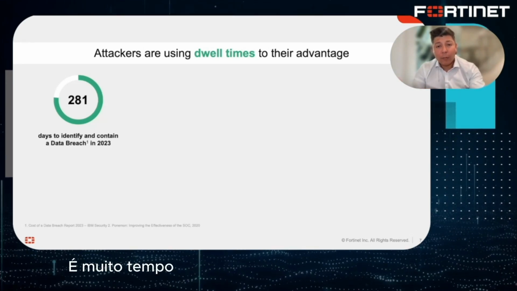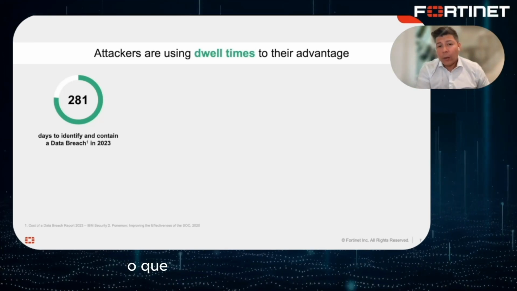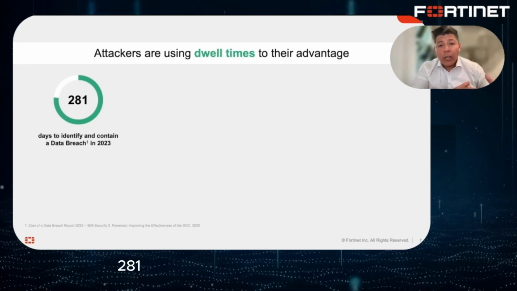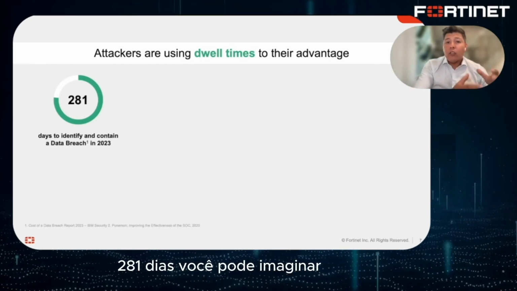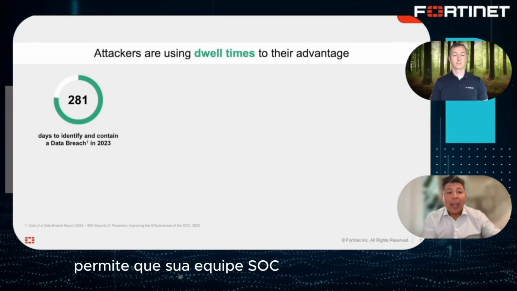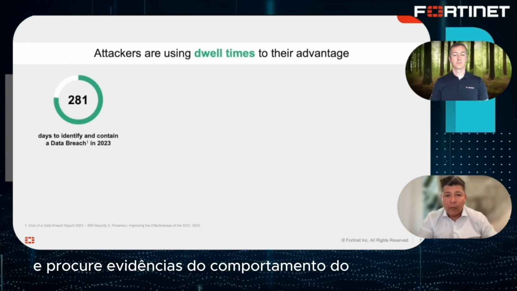This is a long time for them to be living off the land, conducting all of those activities that we talked about earlier through that sort of ransomware scenario. 281 days, you can imagine that you need to have solutions that allow your SOC team to analyze this historical data and look for evidence of attacker behavior.